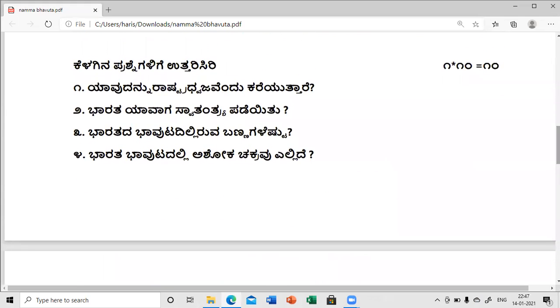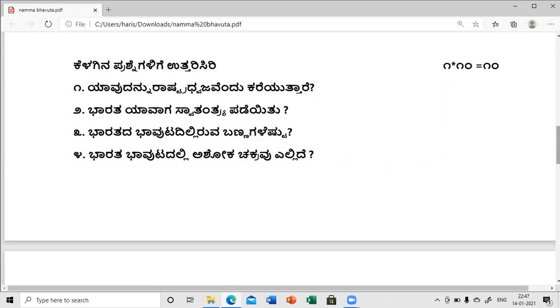Now I'm going to talk about how you have to identify the answers from these unseen passages. Usually these questions are objective questions where they want you to identify a specific piece of information from the passage.